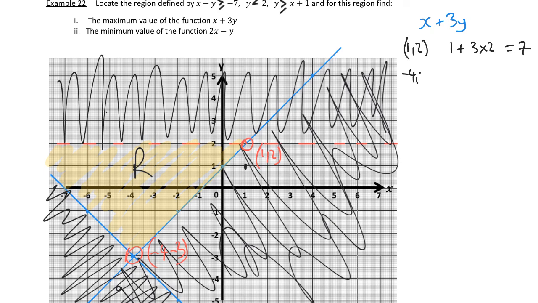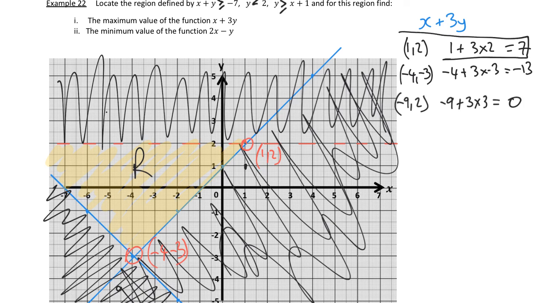At (-4, -3), we get -4 plus 3 times -3, which is -13. There's a third point that we can't see, and that occurs at (-9, 2). So it forms a triangle, and the third point is there. If we substitute that in, we get -9 plus 3 times 2, which is -9 plus 6, which is -3. So to get the maximum value of x plus 3y, it's 7, and that occurs at the point (1, 2).